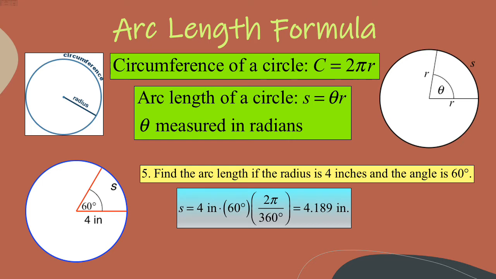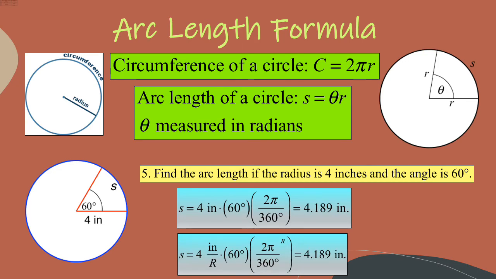The degrees cancel, and we are left with 4.189 inches. Please make sure that your answer makes some sort of sense. Students who forget to convert the angle to radians will usually get answers that are far-fetched.